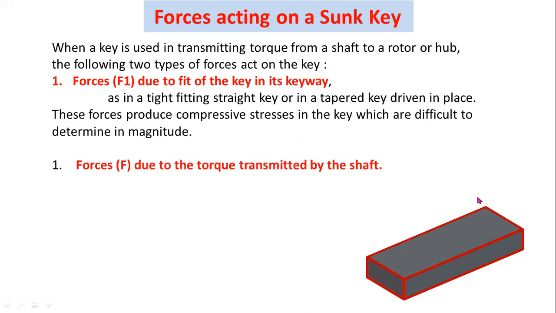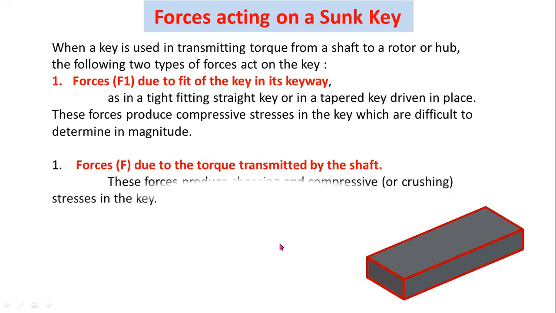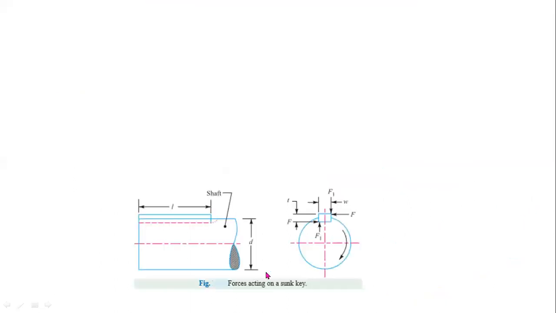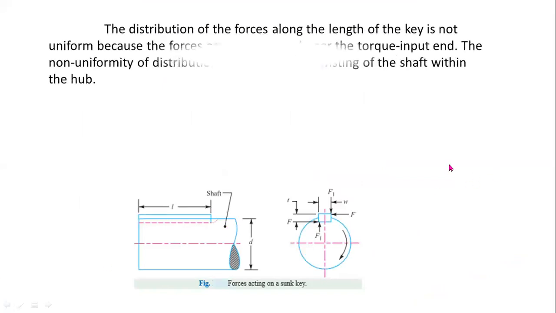And another force is F due to the torque transmitted by the shaft. These forces produce shearing and compressive stresses in the key. Let's consider a shaft, a keyway and a key. This is the front view of the key and shaft.